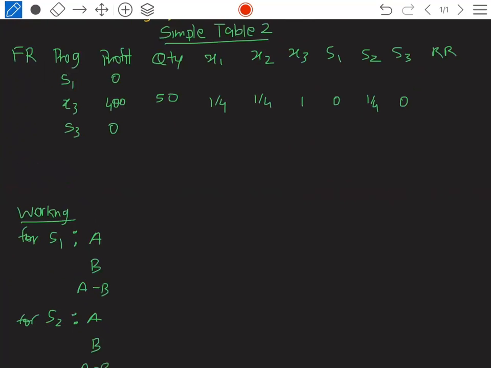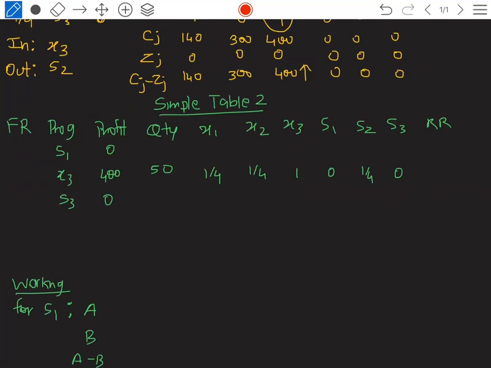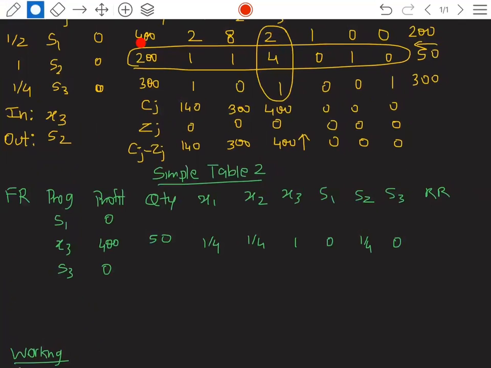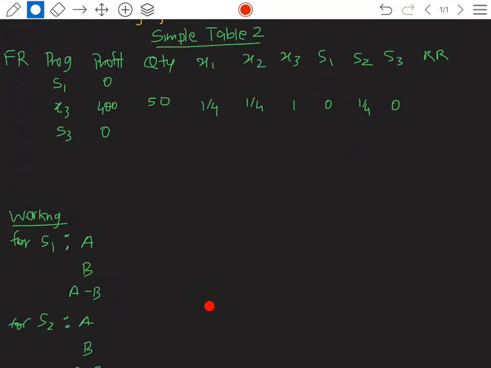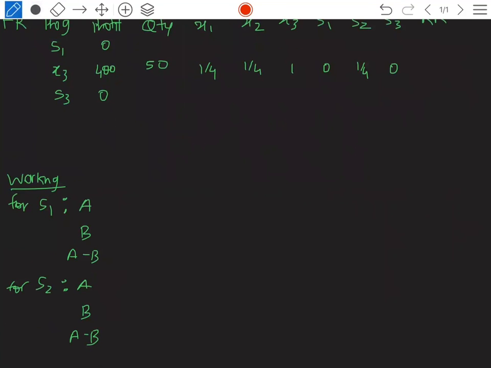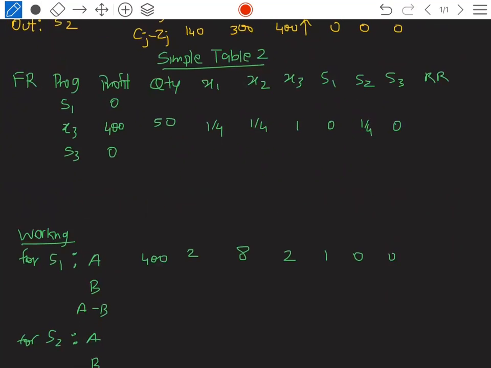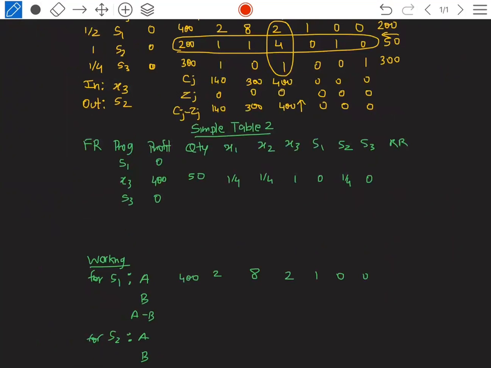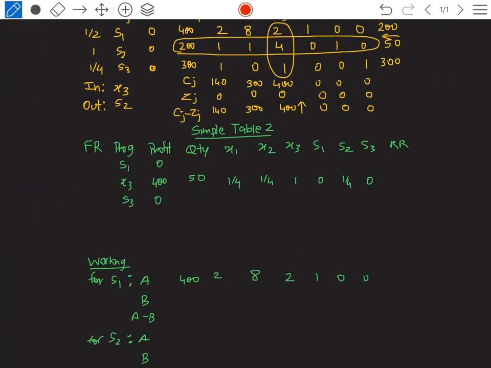So for S1, A, we know it is the old values. So S1 old values are 400, 282, 100. These are the old values.